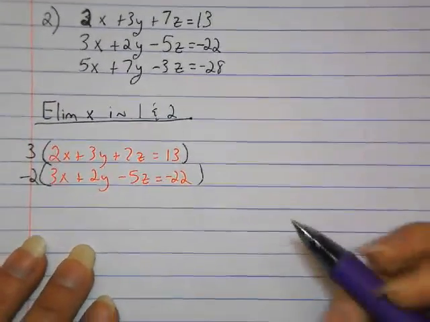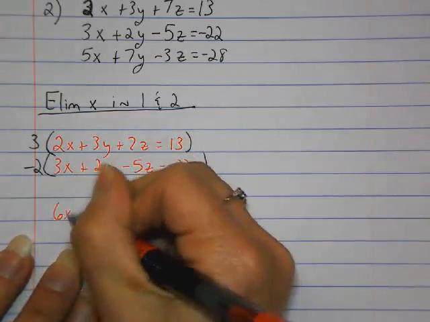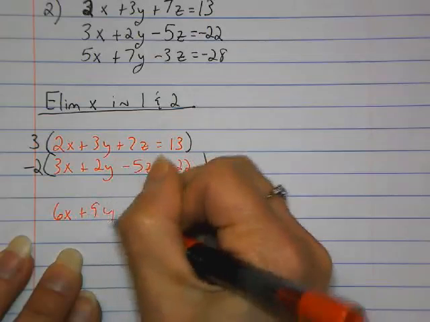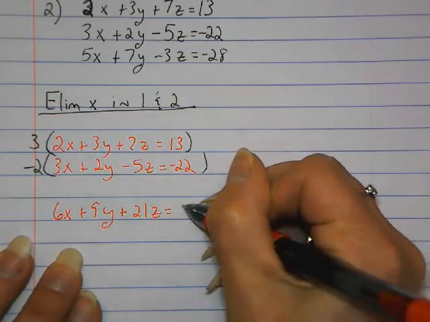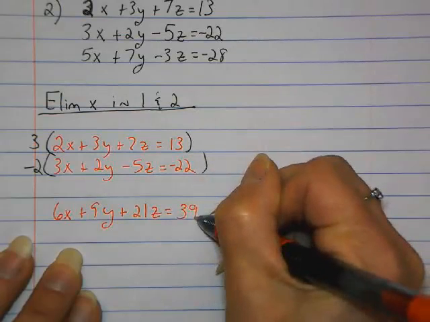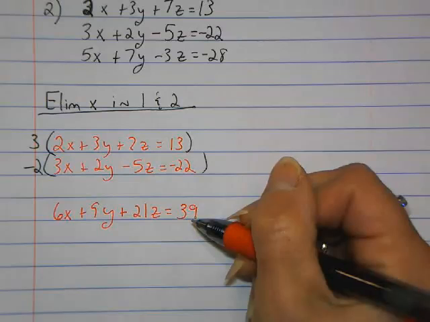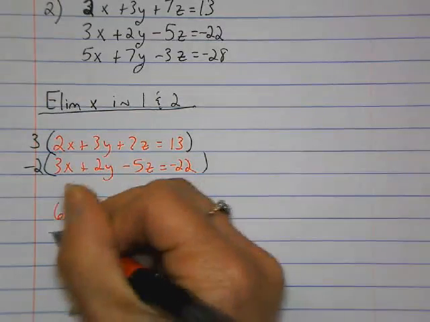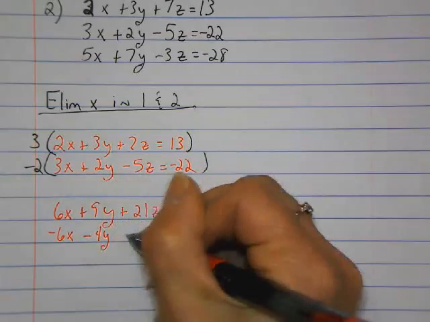So I get 6x plus 9y plus 21z equals 39, and then negative 6x minus 4y plus 10z equals 44.